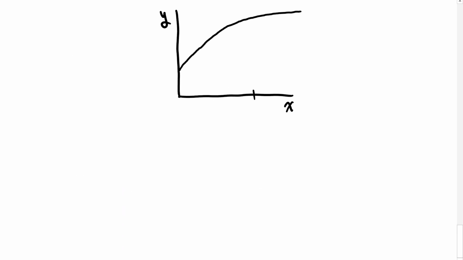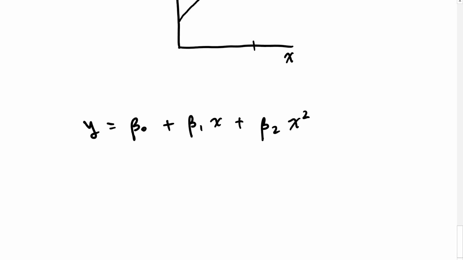And so when we look at that, beta 0 plus beta 1 x plus beta 2 x squared. So beta 1, if this is greater than 0, it's an increasing effect.